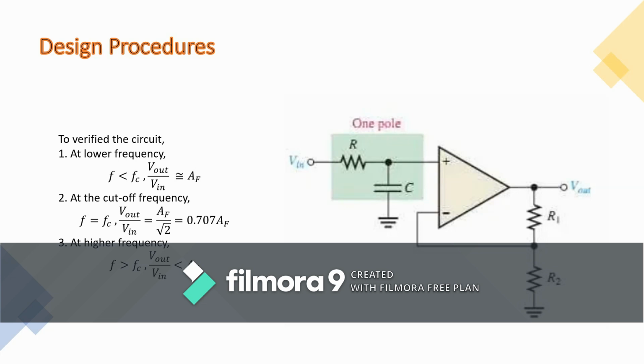And during high frequency, which is when the input frequency is higher than the cutoff frequency, the output voltage will be lower than the input voltage multiplied by the gain.